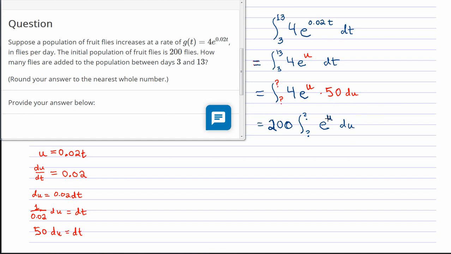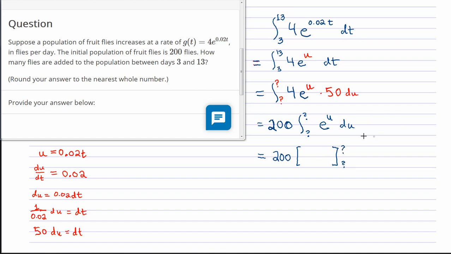All right, and now this is one of my favorites. We have e to the u, and we're integrating with respect to u. And so now I can use the fundamental theorem of calculus, and I can say that the fundamental theorem of calculus says that this definite integral is going to be the antiderivative of e to the u evaluated at the two limits.